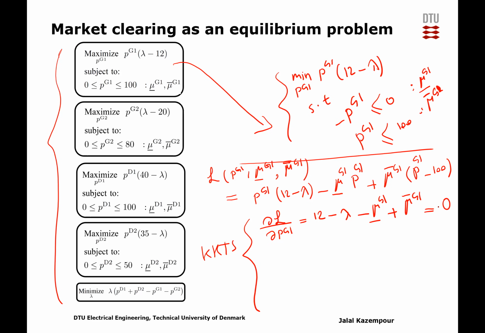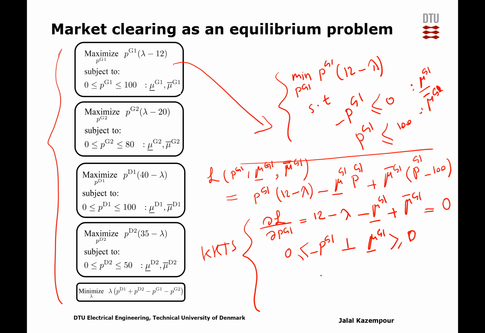Then our equality, we don't have any equality. We have only inequalities. So pg1 minus is greater than or equal to 0. Mu g1 underline is greater than or equal to 0. And we have complementarity conditions.